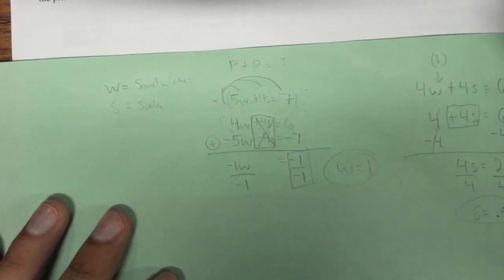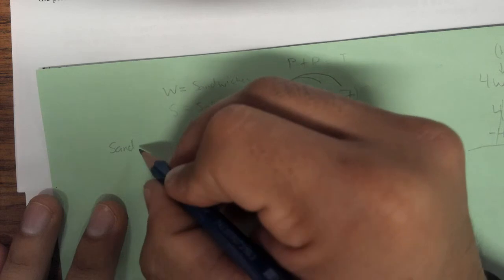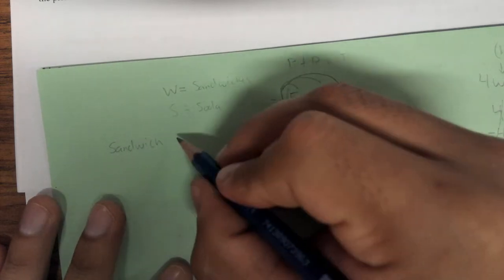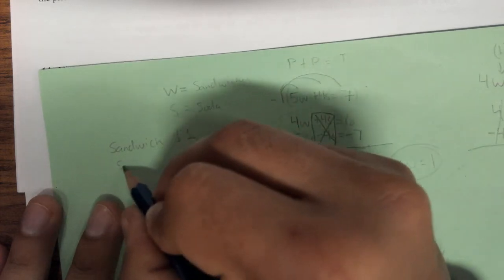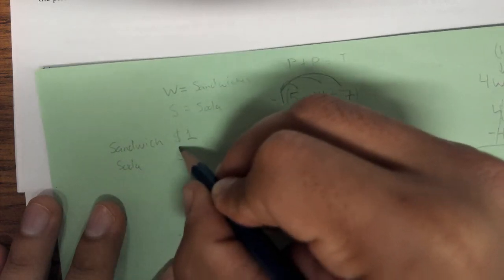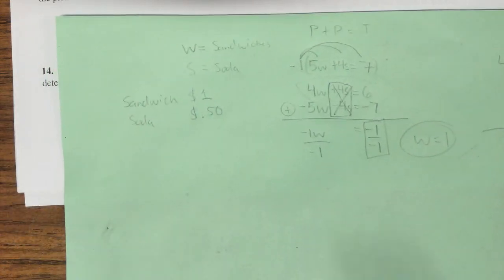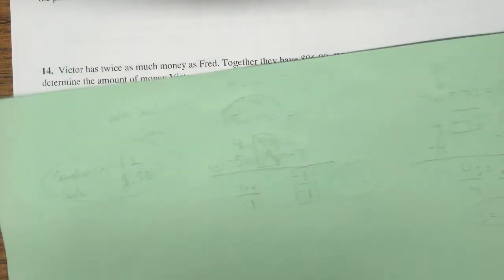So to find the price of a sandwich and the price of a soda, we can go ahead and write that. Sandwiches cost $1. Sodas cost 50 cents. All right, so that's my solution. Sandwiches are $1, sodas are 50 cents.